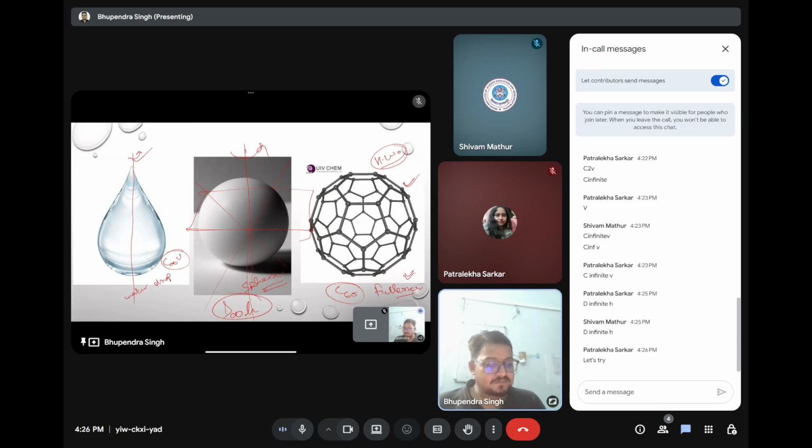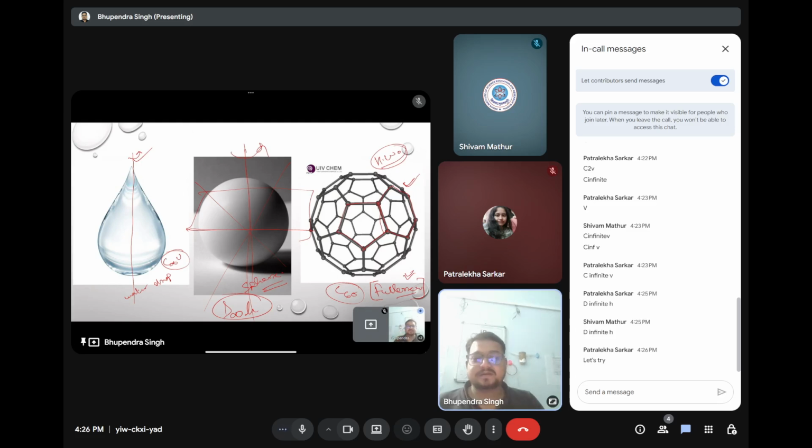So actually, in fullerene, if you have studied supramolecular chemistry, you will be able to find out how many 5-membered rings and how many 6-membered rings are present. Then you can visualize this molecule.